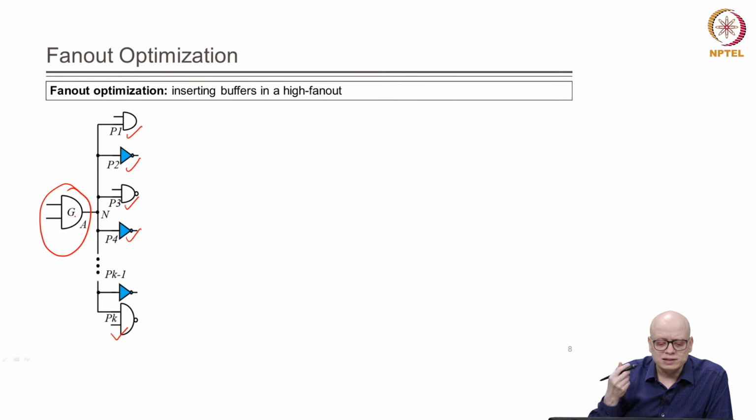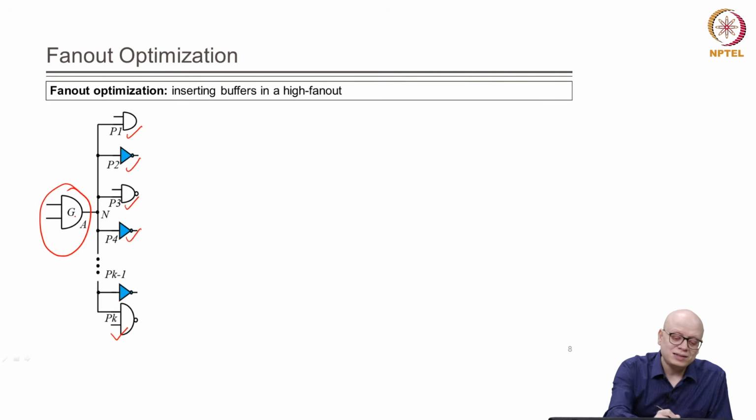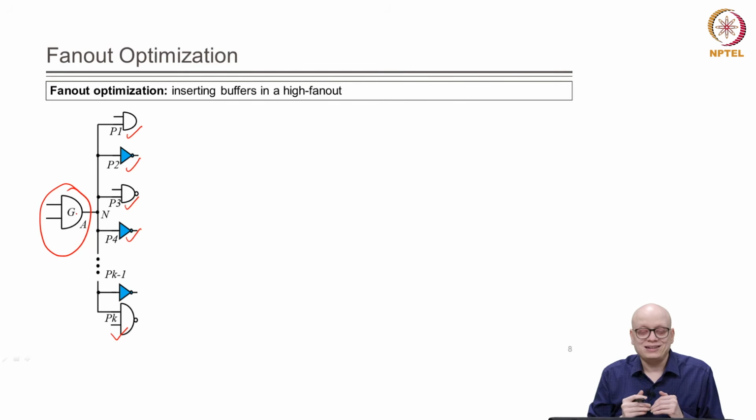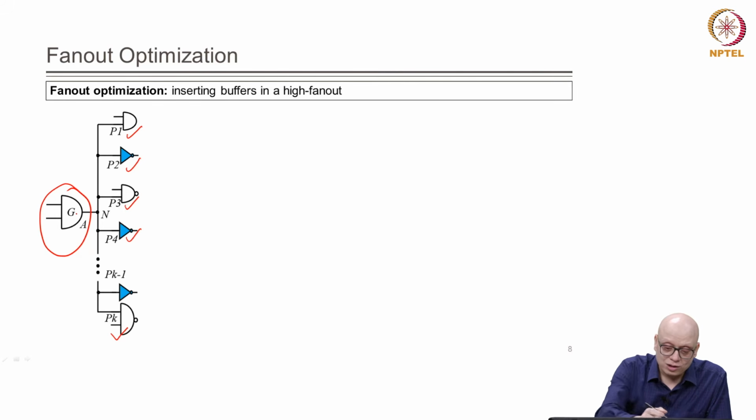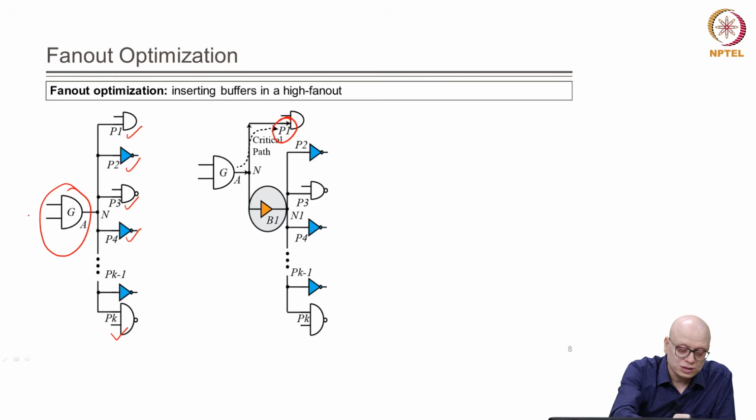If k is large, then the load that is being driven by this gate can be much higher, and therefore, the delay of G may be very large, and we may want to reduce the delay of G. Then how can we reduce the delay? Suppose out of all the sinks, that is P1, P2, P3, P4 to Pk, the P1 was most critical.